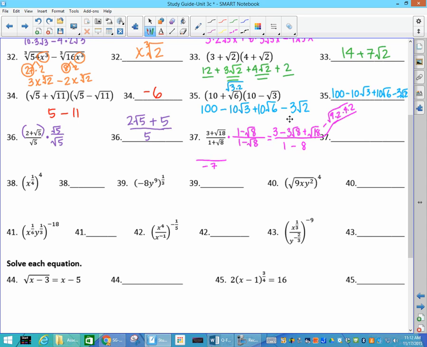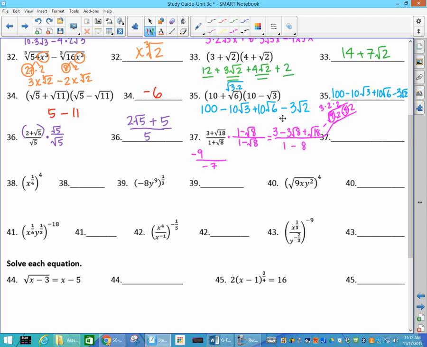And on the top, if you notice, 9 is a perfect square. So this is going to be 3. 4 is a perfect square. Square root of 4 is 2. And then I have two 2's, so I get to bring one out. So that's 3 times 2, which is 12. So I have 3 minus 12, which is negative 9. And then I have these two things that I need to simplify and see if they can combine.